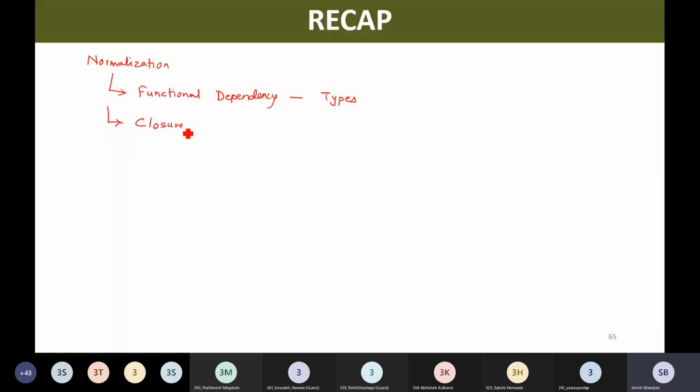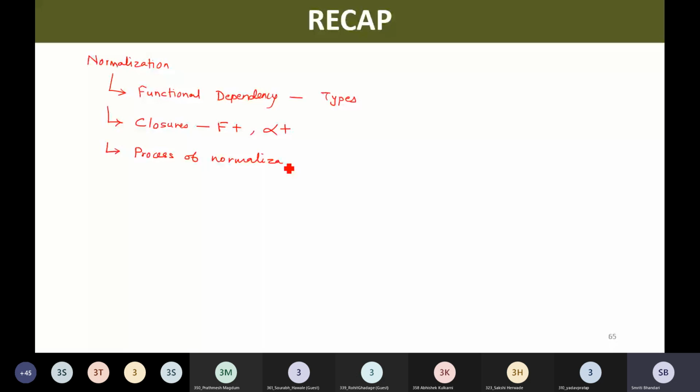Further, we talked about the process of normalization, and we have gone through two normal forms: first normal form, denoted as 1NF, and the second normal form, denoted as 2NF. If we have a relation in UNF, that is the unnormalized form, first of all we convert it into 1NF.